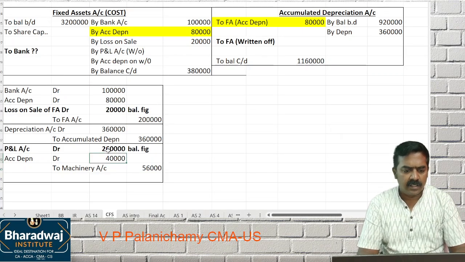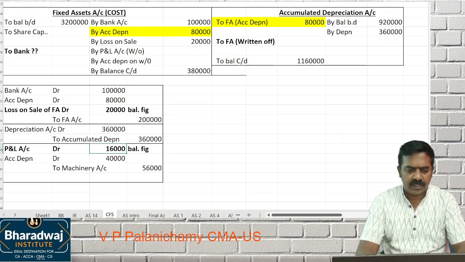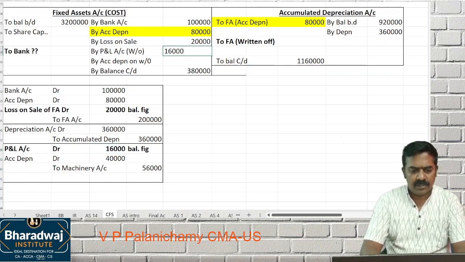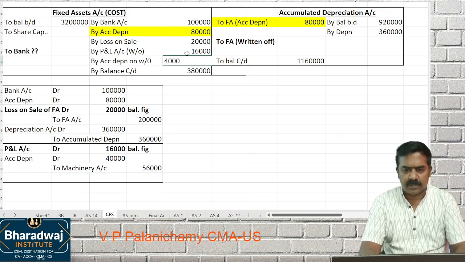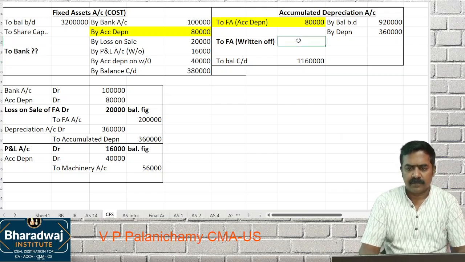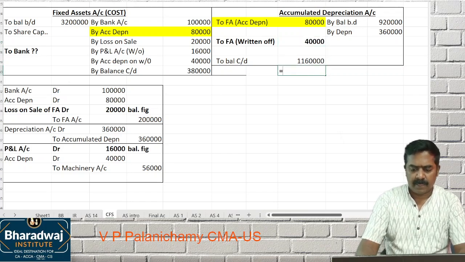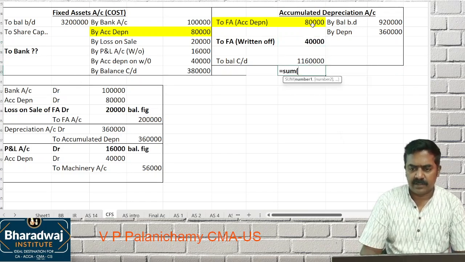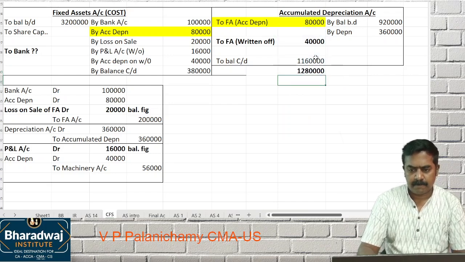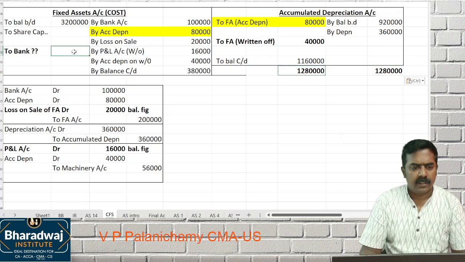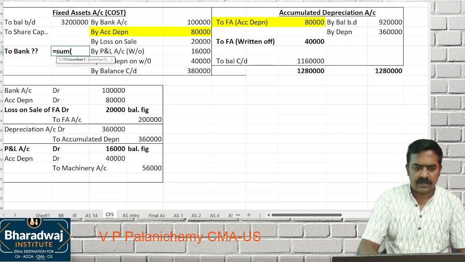On the depreciation 40,000, the balancing figure you write off in P&L account. So amount written off in P&L account is 16,000. Accumulated depreciation is how much? 40,000. Check whether it tallies. It tallies. The balancing figure is purchase of asset.